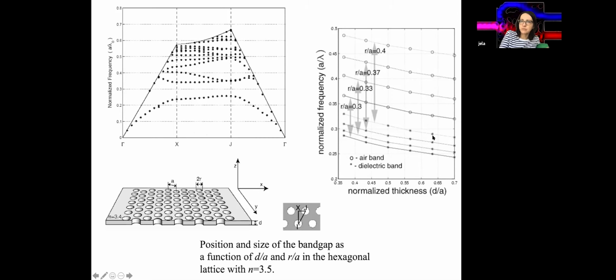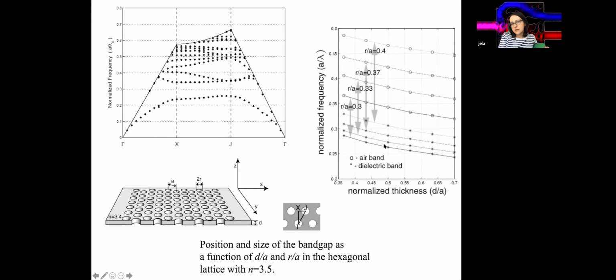But as you can see from this plot, you're changing the location and size of the band gap. So why is it changing? Maybe we can have a discussion, or maybe you give an answer to why things are changing the way they're changing. Let's pick a certain fixed R over A of 0.3, so the radius divided by periodicity is 0.3. This pair of lines, this and this.